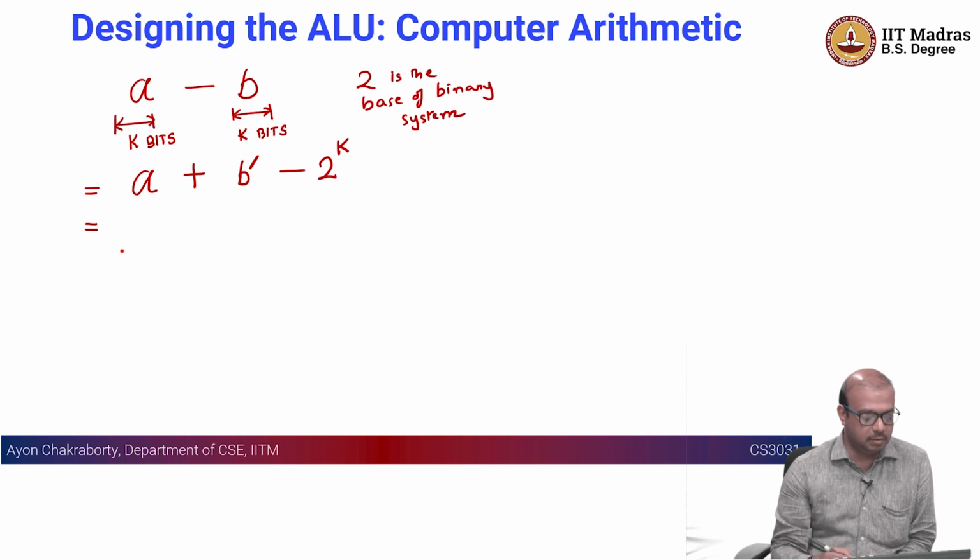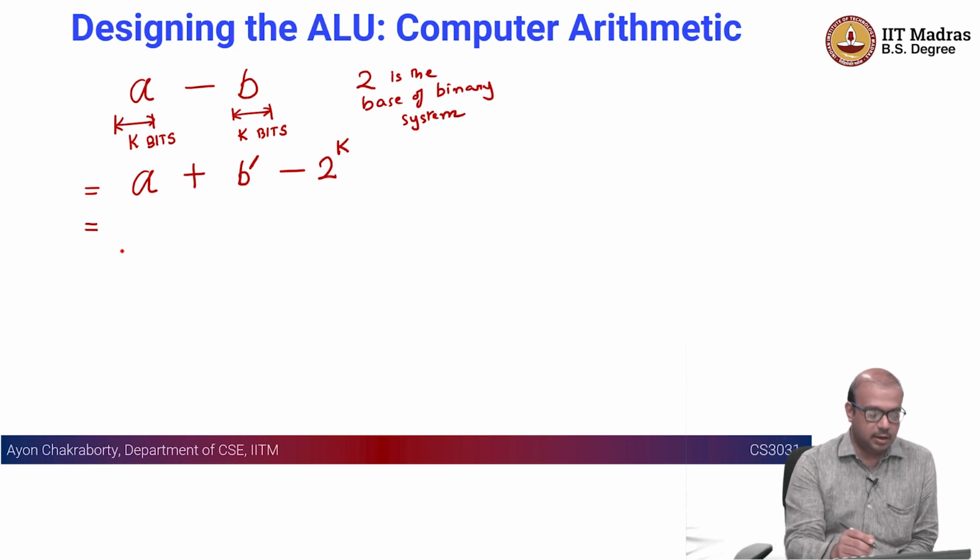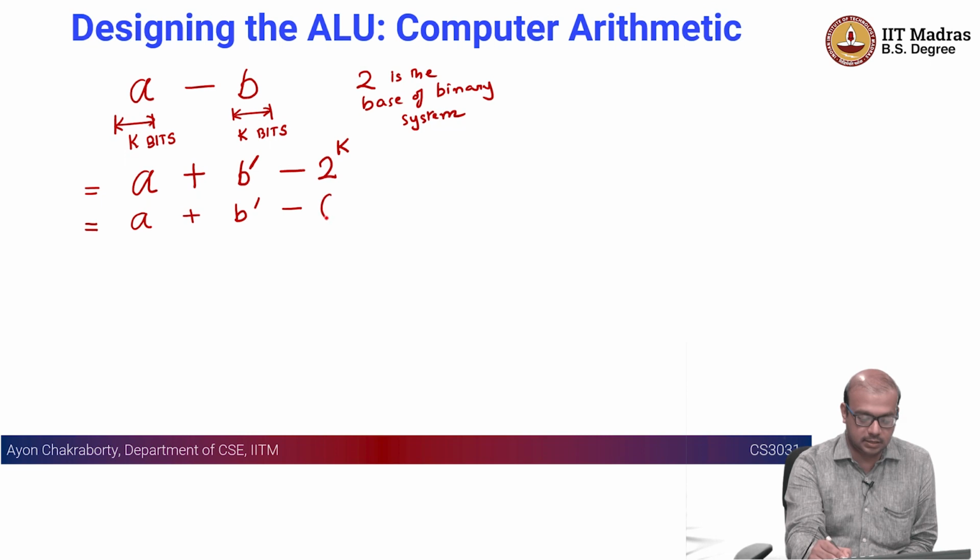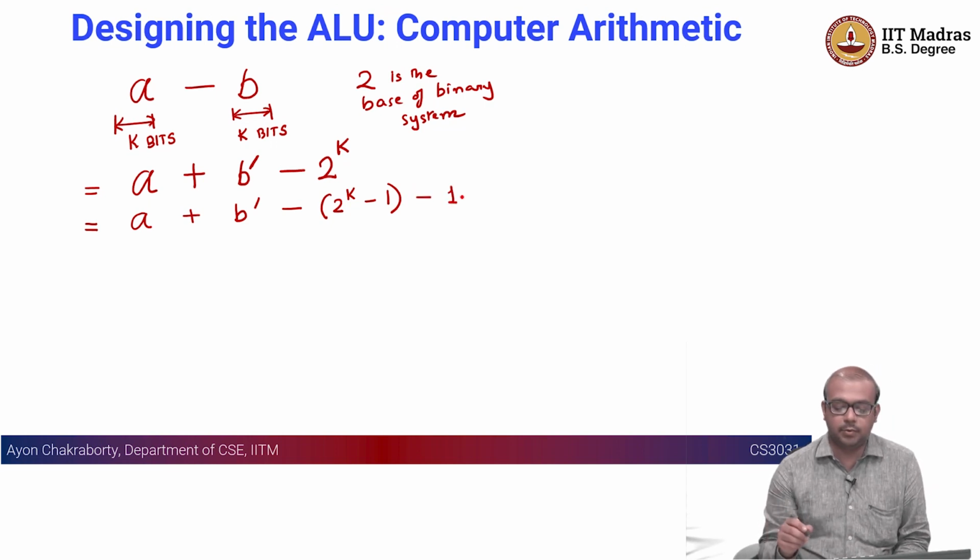So how can this be simplified? We can write this as A, plus b prime as it is, minus, say, 2 to the power k minus 1, and then minus 1. Just a different way of writing it.